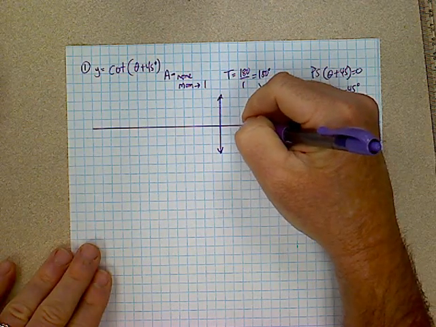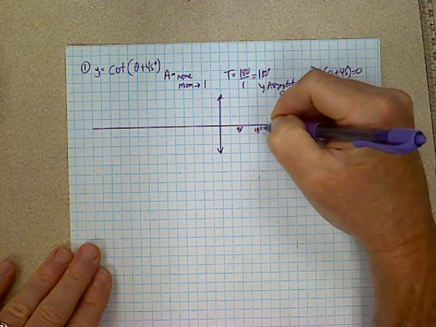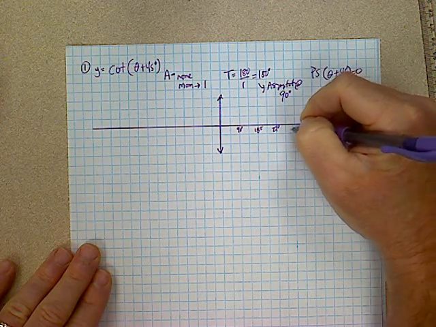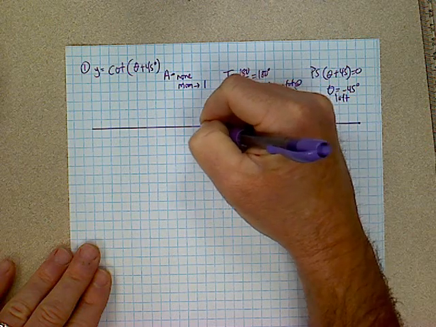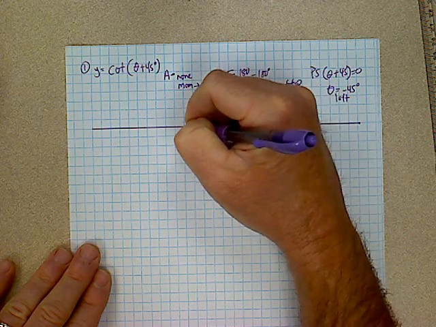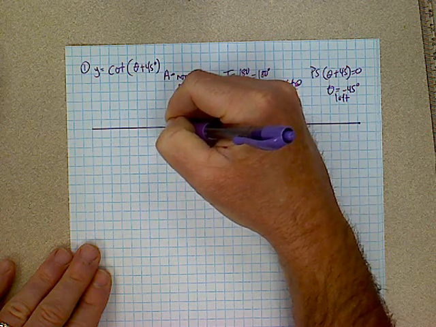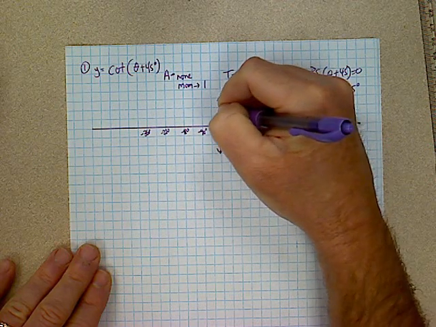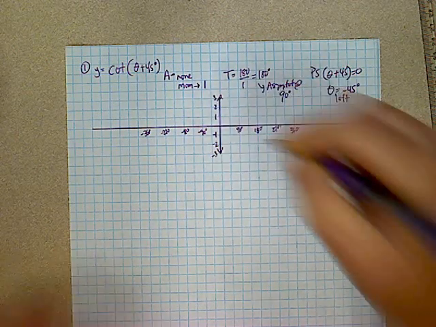So we're just going to go one line and then 90, one line and then 180, one line and then 270, one line and then 360. Okay, going backwards, one line negative 90, one line negative 180, then one line negative 270, one line negative 360. Again, remember, pause, rewind, look back, you know the drill.